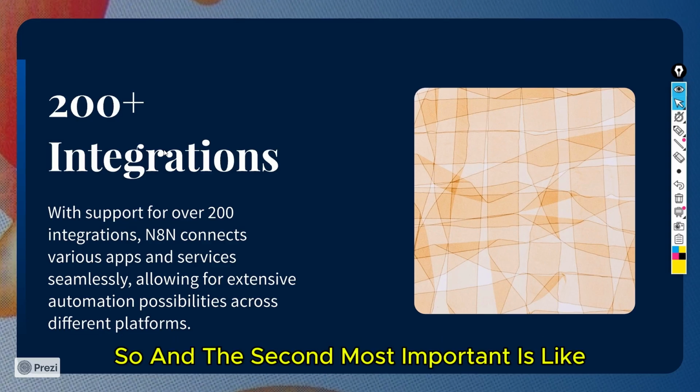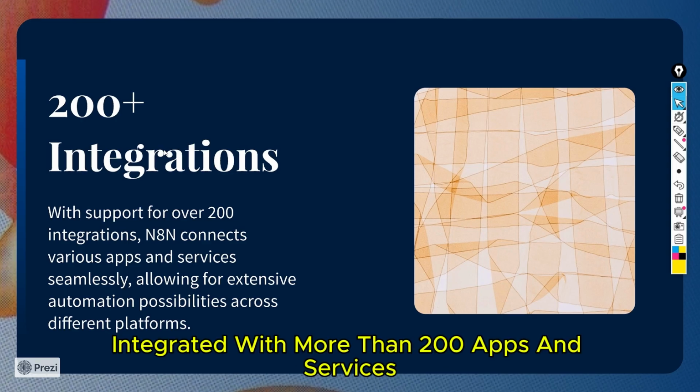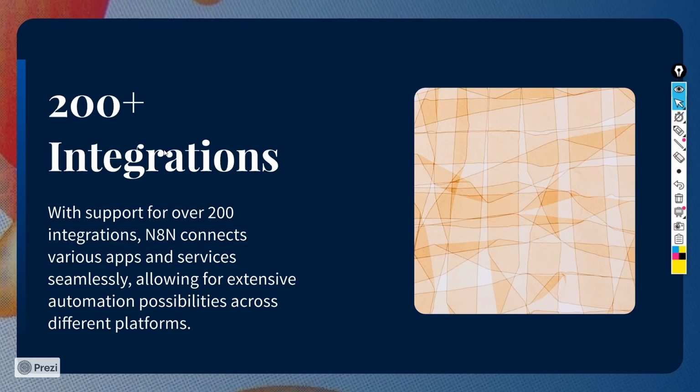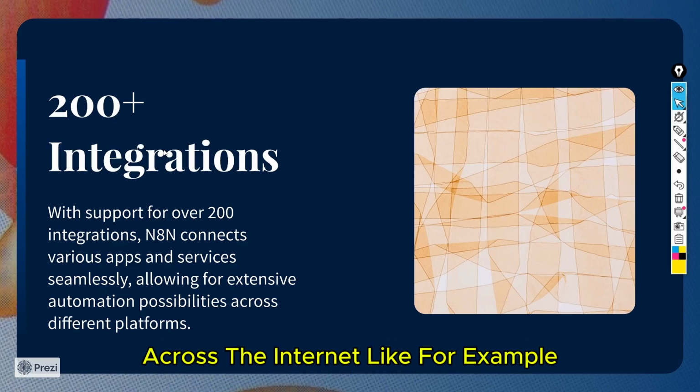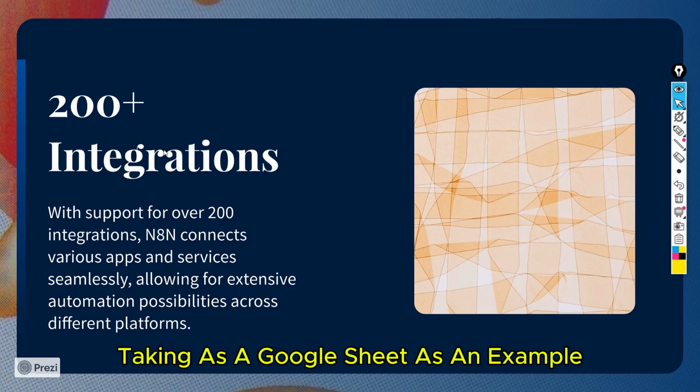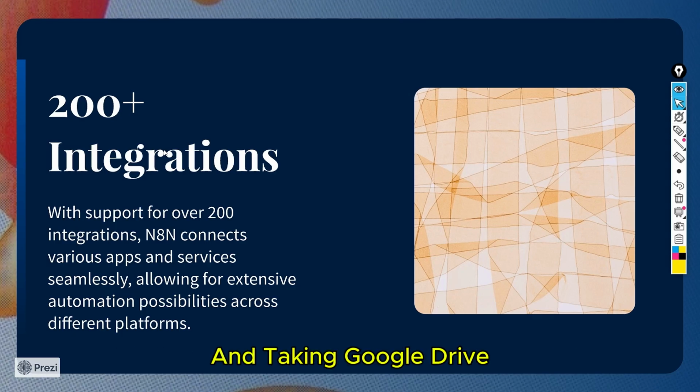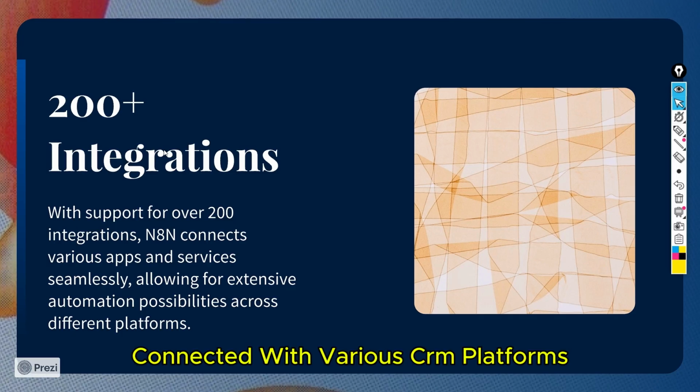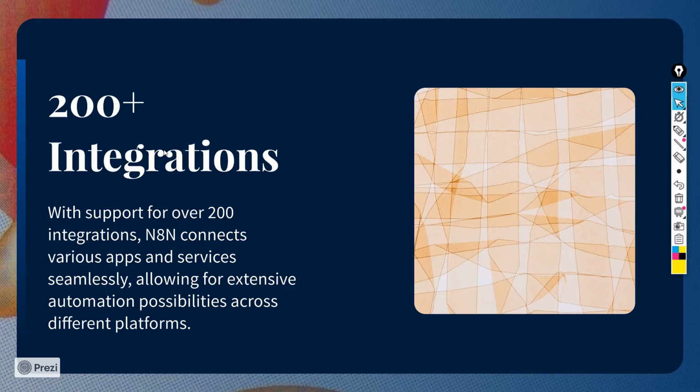The second most important feature is that it is already integrated with more than 200 apps and services across the internet. For example, Google Sheets, Google Drive, Microsoft Azure, and for sales, it has connected with various CRM platforms.